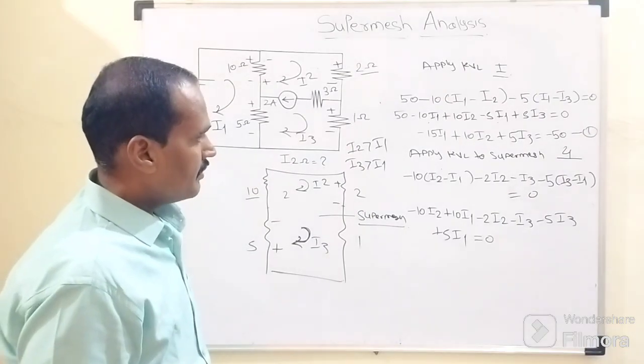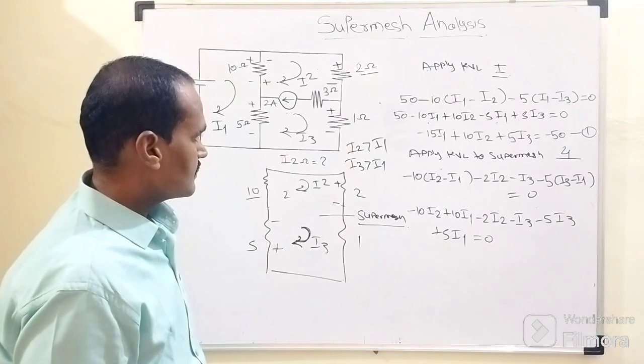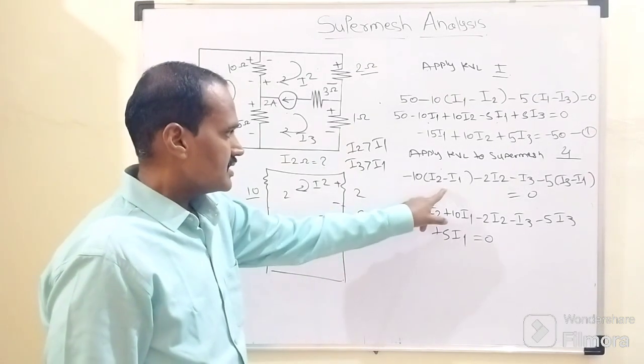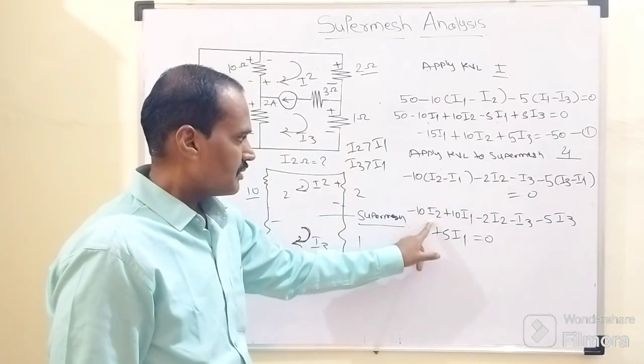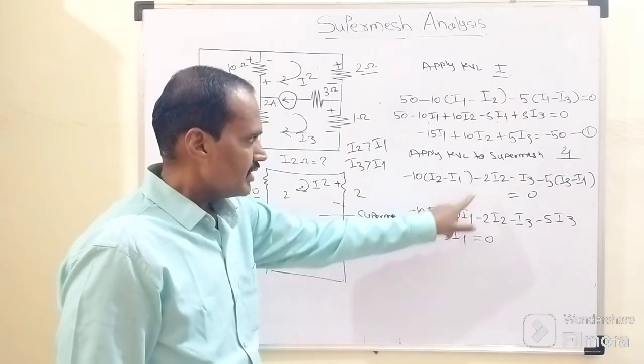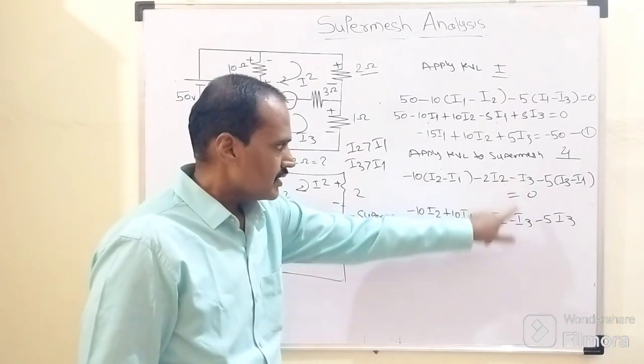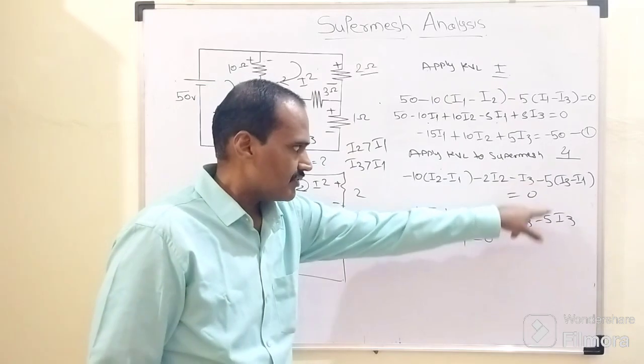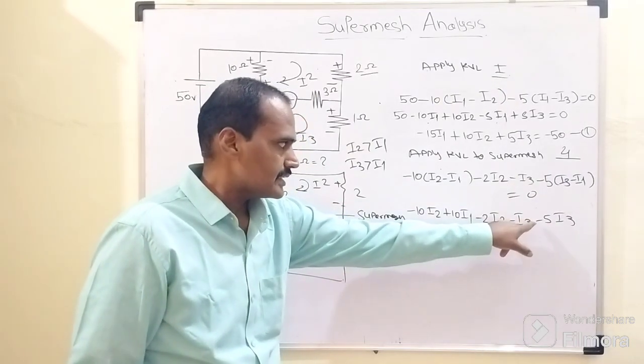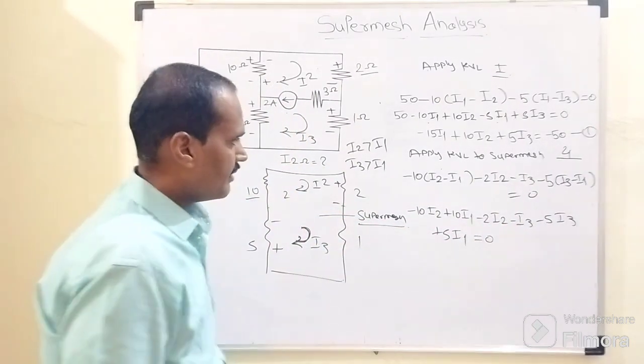So finally our equation will become what here? This minus 10 will get multiplied with this parenthesis, so minus 10 I2 plus 10 I1, minus 2 I2, minus I3 as it is. This minus 5 will get multiplied with this parenthesis. As a result of this, minus 5 I3 plus 5 I1.